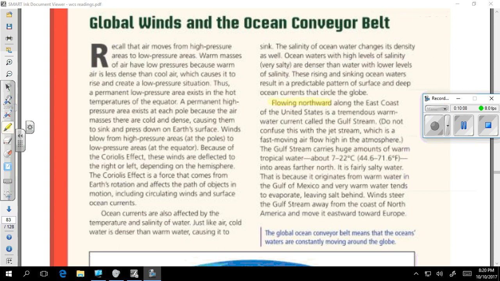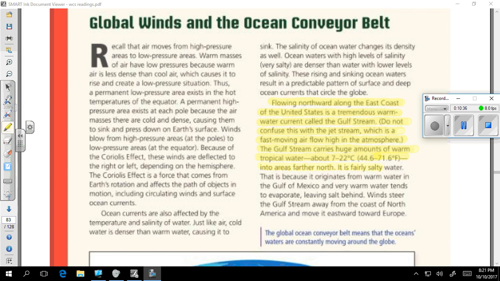Flowing northward along the east coast of the United States is a tremendously warm water current called the Gulf Stream. Do not confuse this with the jet stream, which is a fast-moving air flowing high in the atmosphere. The Gulf Stream carries huge amounts of warm tropical water, about 44.6 to 71.6 degrees Fahrenheit, into areas farther north.